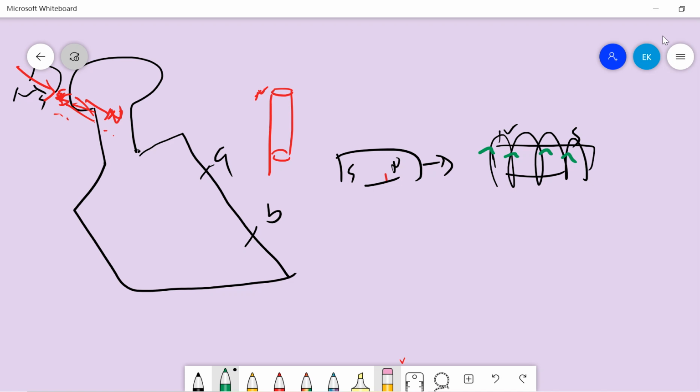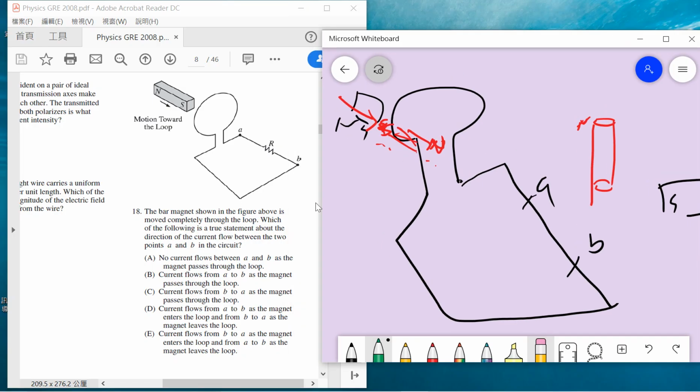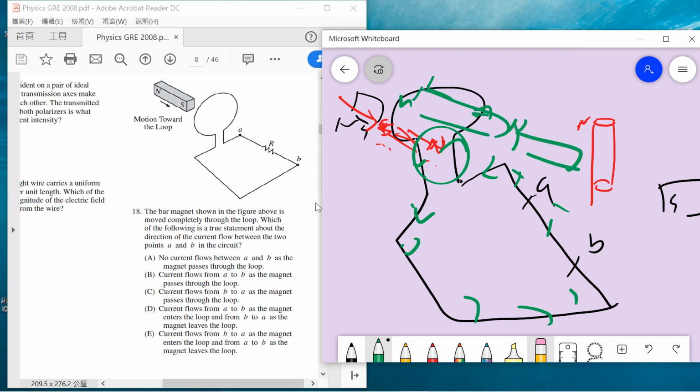Then you can use your right hand rule, so the current comes here to generate N. And when the magnet wants to leave, suppose it's here, then it will start another S to get here.